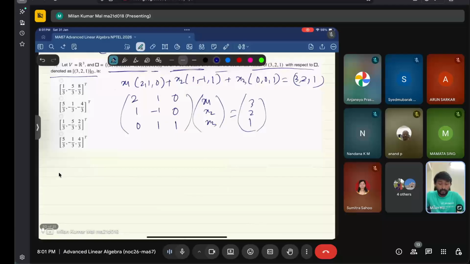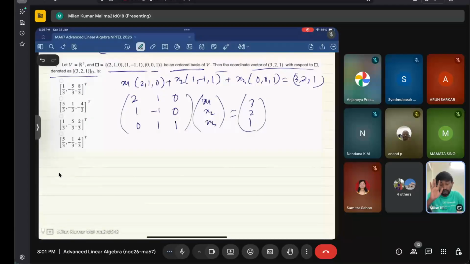Now how to do this type of problem? As we have very short time, I will first discuss how to do it. You have to find x1, x2, x3. We have to row reduce this.